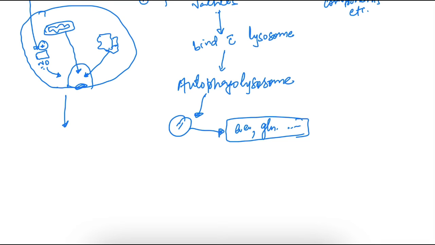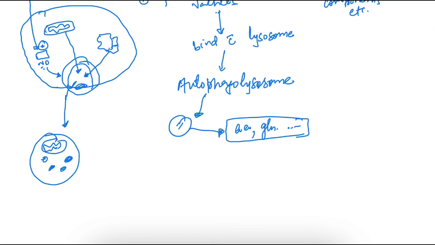Now I am going to show this autophagic vacuole alone. This autophagic vacuole has components like mitochondria, other proteins, membrane components and, for example, the Golgi complex.